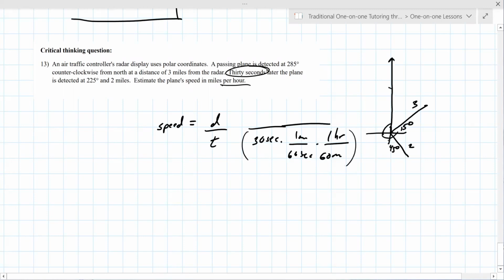Your distance you have to find using some other method. So like I would find the XY pairs of each of these, but you probably can do it another way. I mean, there might be a shortcut here, but I think based on the previous problems, 11 and 12, you're supposed to find the XY pairs, but maybe there is a polar distance formula.